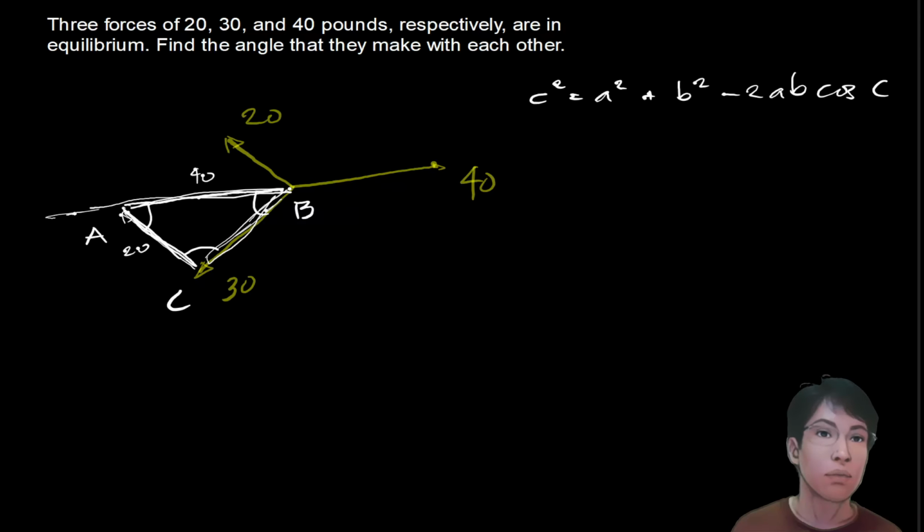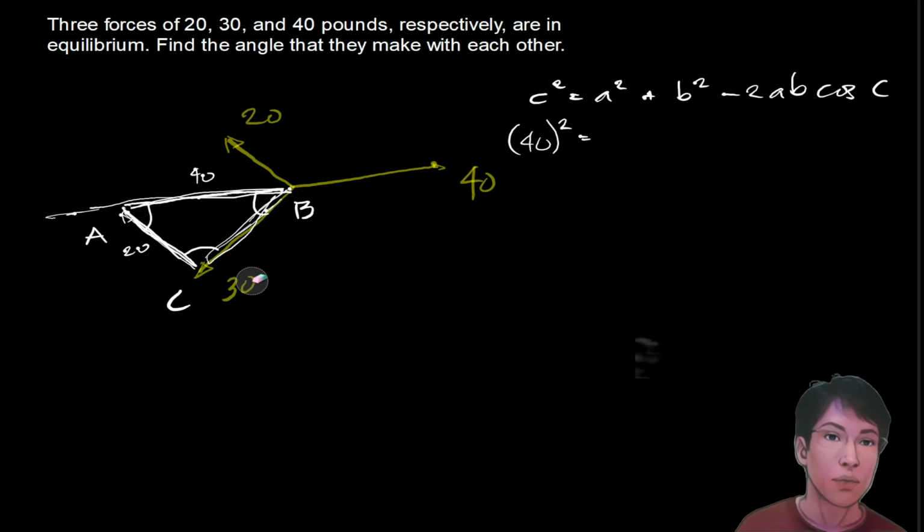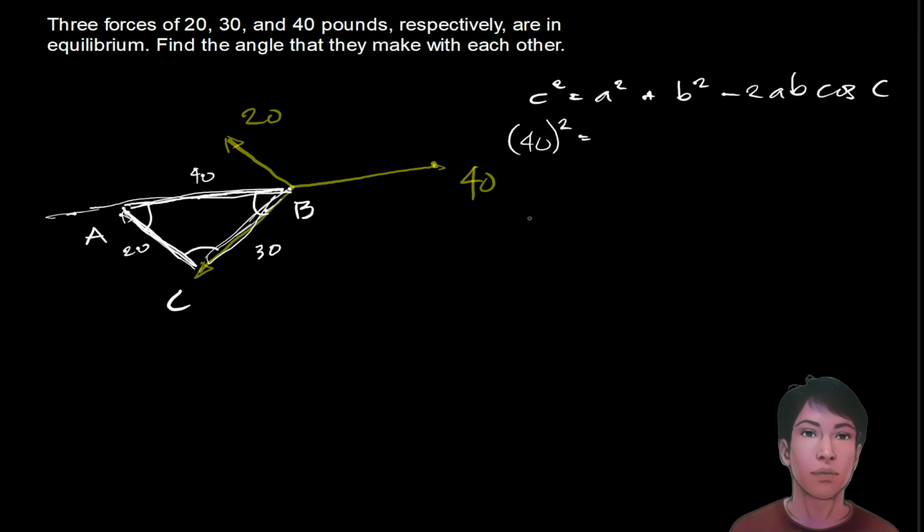So for c, let me make sure a and b are properly delineated. So 40, then a is, let me erase this one and put it over here. So this is 30, so that it's easy to see. It's opposite, a.